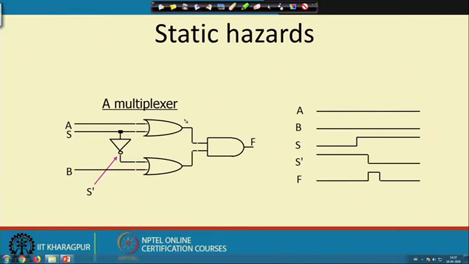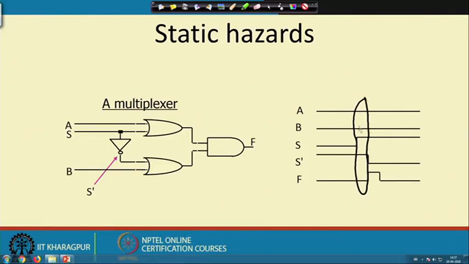So, this OR gate output is 1 in this region. Take this region of operation.